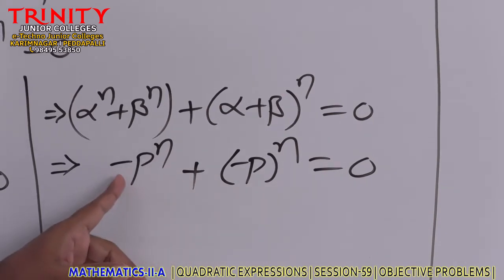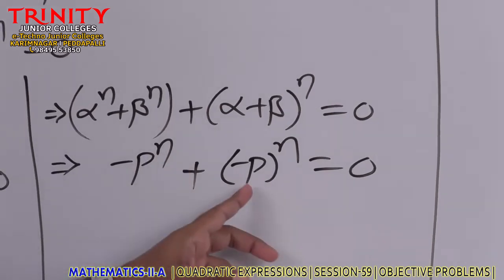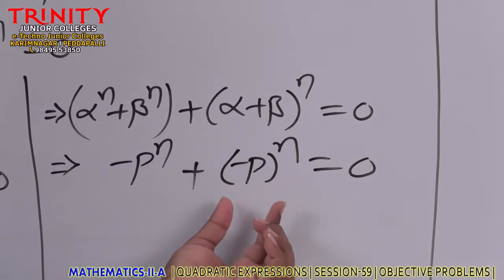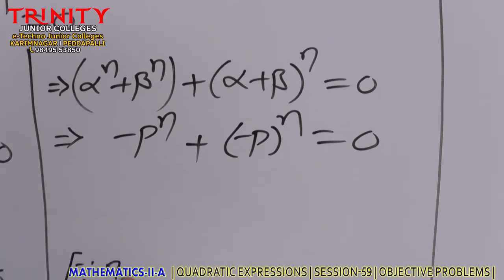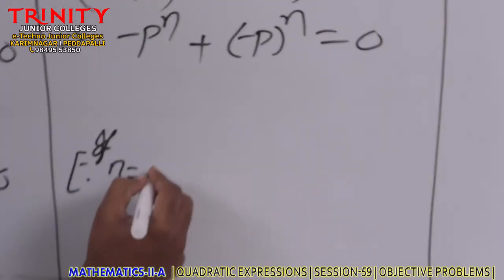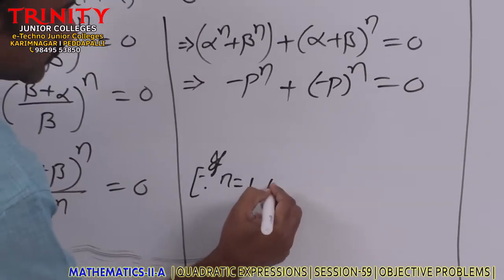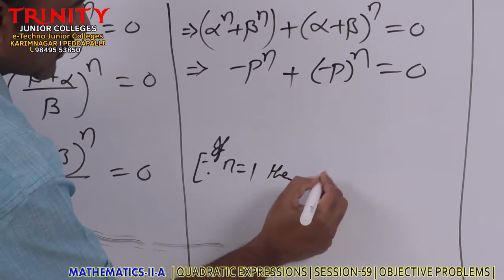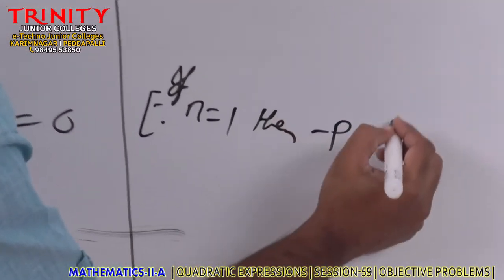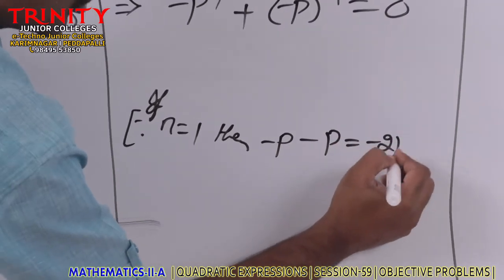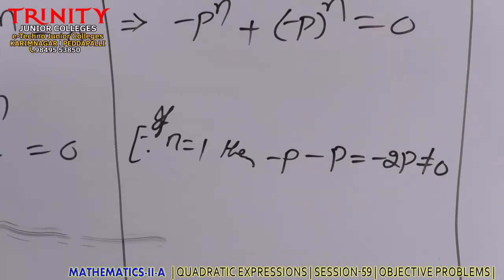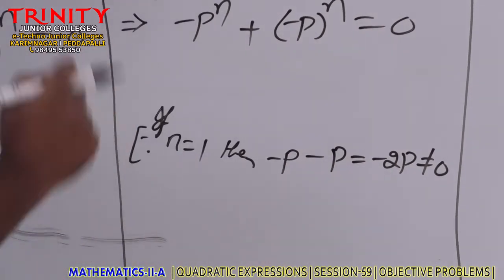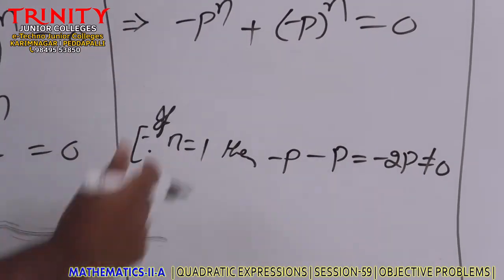Here I am giving you the reason. Because on the right side we have 0, n equal to 1, which is an odd number, is not possible.